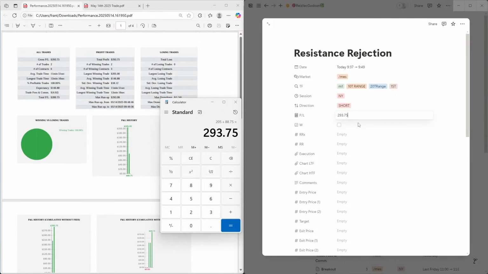This is at $29.73. Well, that's $203.75. Yeah, that was a win.